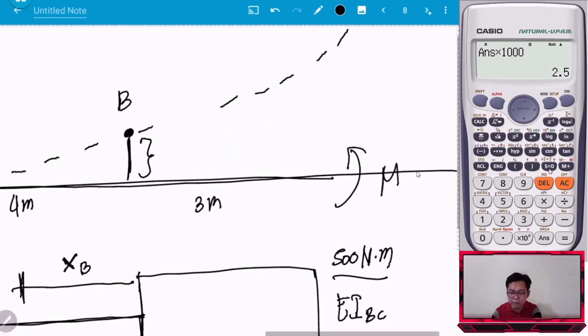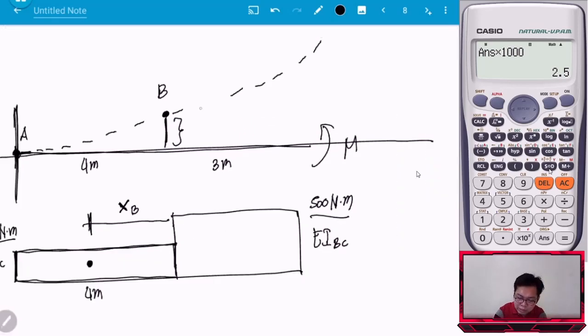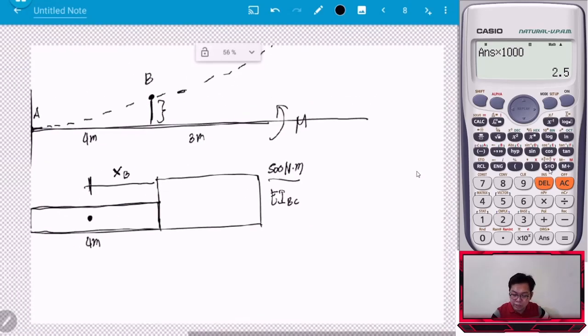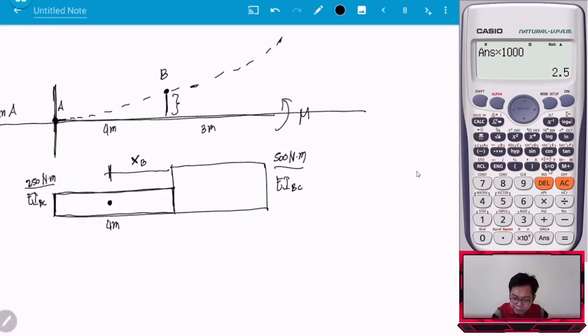I am not interested sa point B. This time I am interested sa point C. Ito yung point C. Ano ang distance na to, guys? That is actually the deviation of C with respect to the tangent at A, which so happens to be the total deflection din sa C. So, ganun lang din yung gagawin natin.